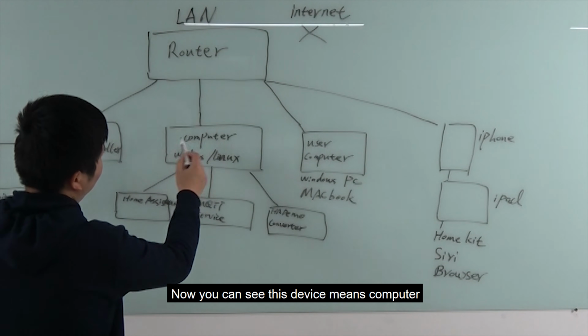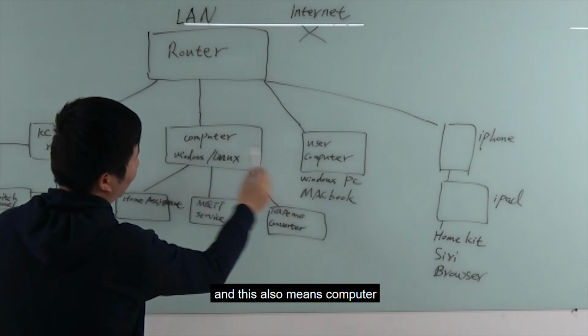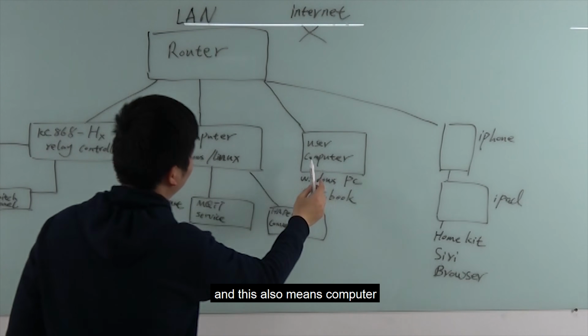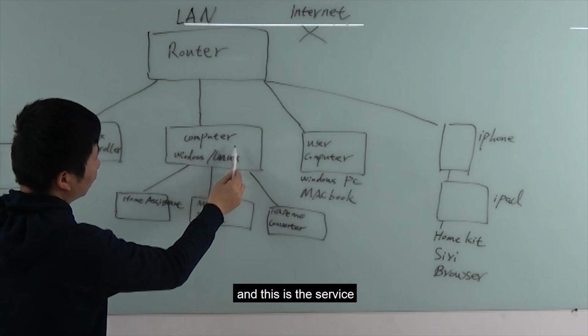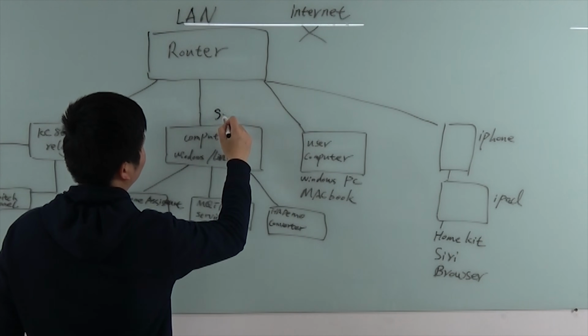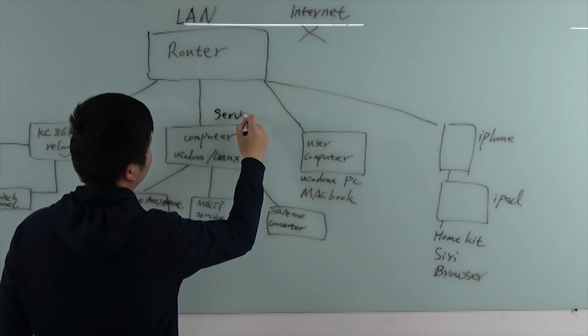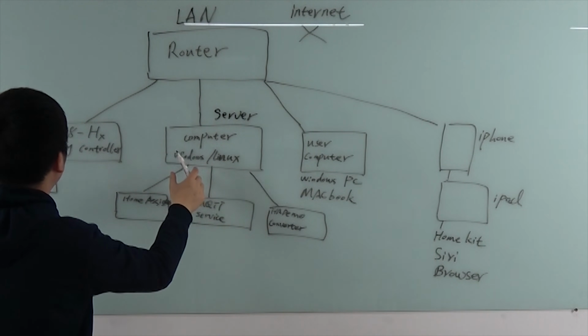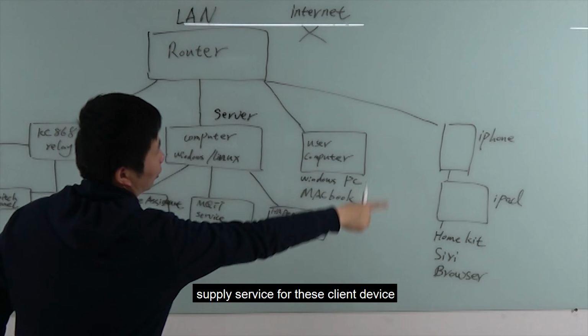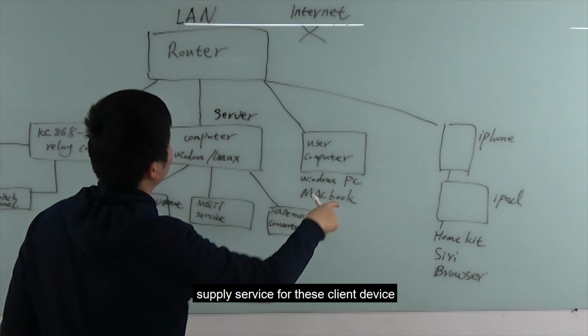Now you can see this device means computer, and this also means computer. This is a client computer, and this is the server, supplying the service for this client device.